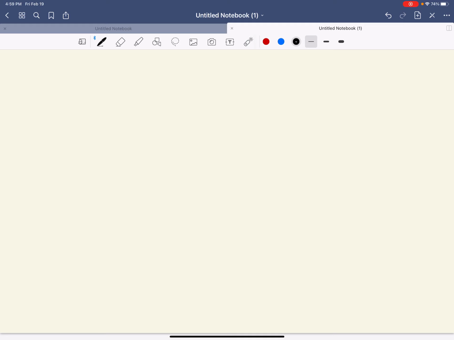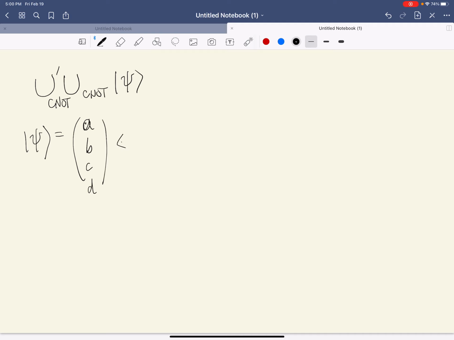So if we do this U and U prime operation, the U Cnot operation and the U prime Cnot operation in succession on some sort of state, and each state also has a column vector representation in terms of these 4 numbers, right?